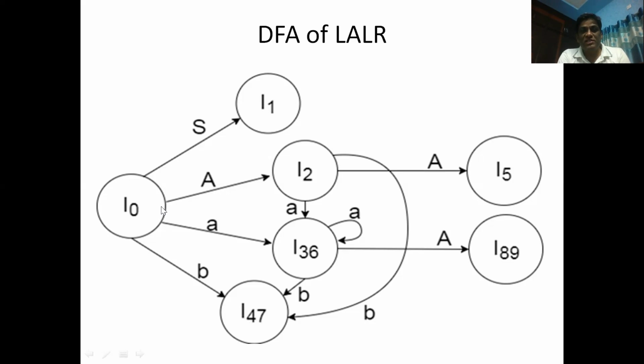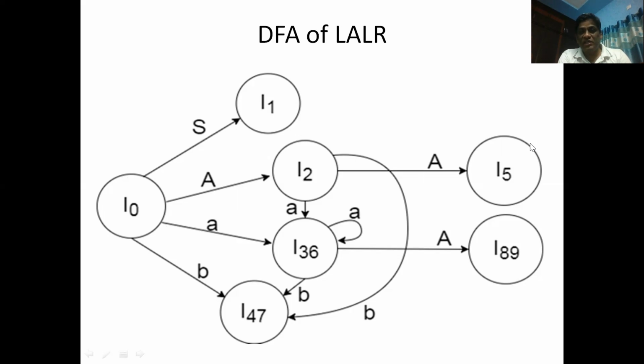Now, once you get this new DFA, you can construct the LALR parser table by using the same rules which we used in CLR parser. That is, if any state has a transition on terminals, it corresponds to a shift operation. And if any state has a transition on variables, it corresponds to the go to entry.